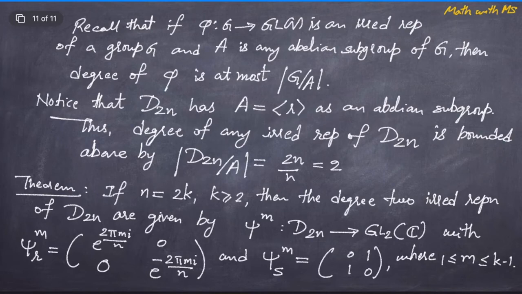So k minus 1 plus those remaining 4 becomes k plus 3. So we get all possible irreducible representations of the dihedral group D_2n when n is even. A similar result will hold for n odd.